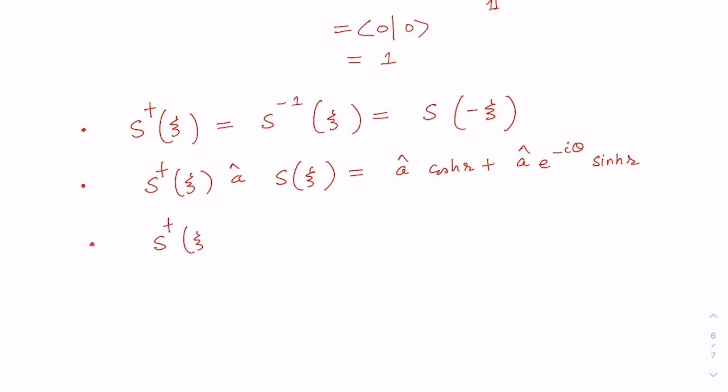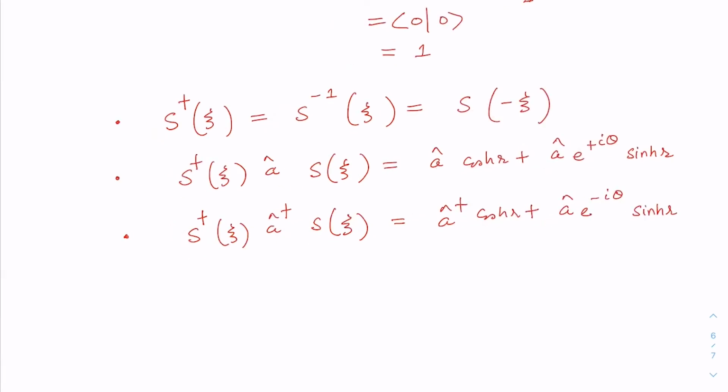For the creation operator you will get a similar expression: a dagger cosh r plus a e to the power plus i theta sinh r. These are very useful relations, and I encourage you to work them out. Okay, there is a small correction. This should be a dagger.